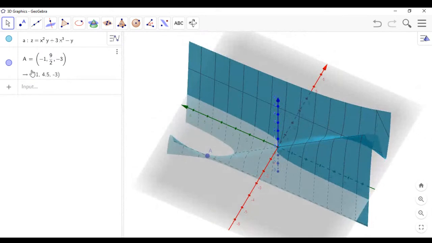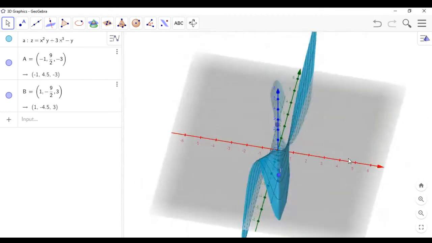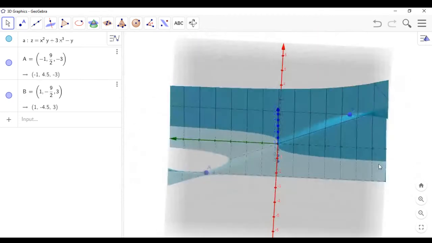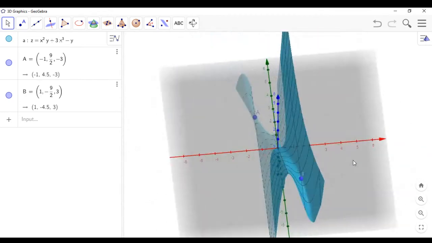We probably want the other point, so we'll go ahead and plot down the other point: 1, negative 9 halves, positive 3. So this point right here, this tiny dot, is actually one of our saddle points.